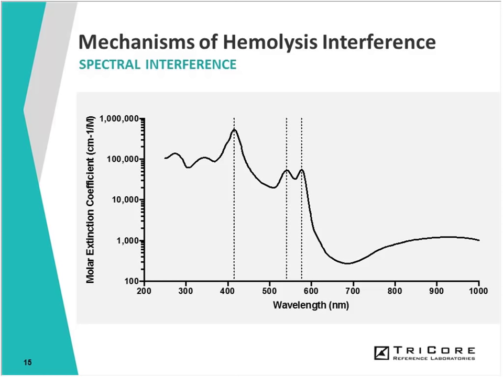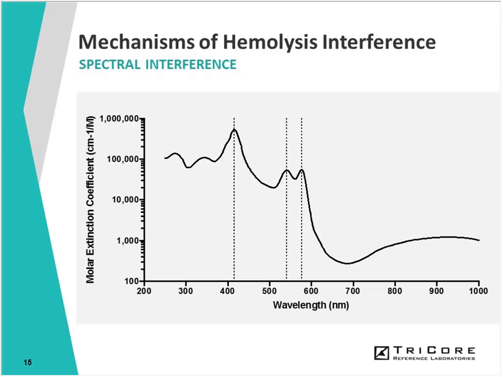Those are the dashed vertical lines. This characteristic of hemoglobin causes optical interference that can lead to either falsely increased or decreased concentrations of an analyte, depending upon how it's measured spectrophotometrically.